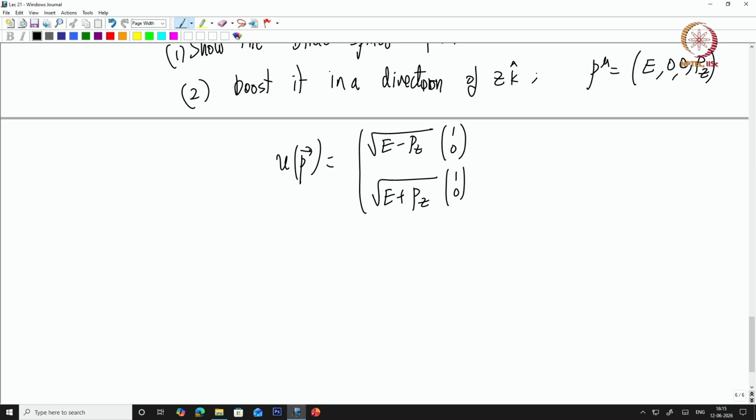So, this is one of the solutions, and the u1 solution is this; the other solution is (0, 1), (0, 1). So, xi 1 is equal to (1, 0). Similarly, xi 2 would be the (0, 1) solution.